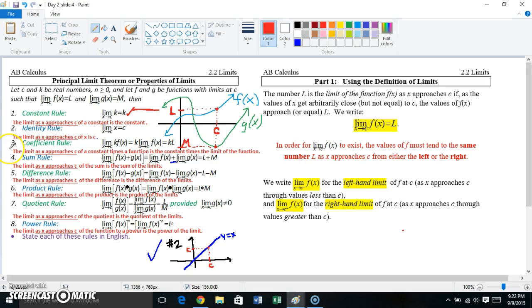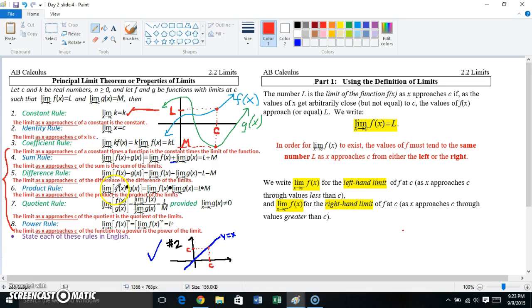All right, the rest of them are a little more easy to verbalize in English. So the limit of a constant times a function is the same as the constant times the limit of the function. The sum rule, the limit of a sum is the sum of the limits. The difference rule, the limit of a difference is the difference of the limits.